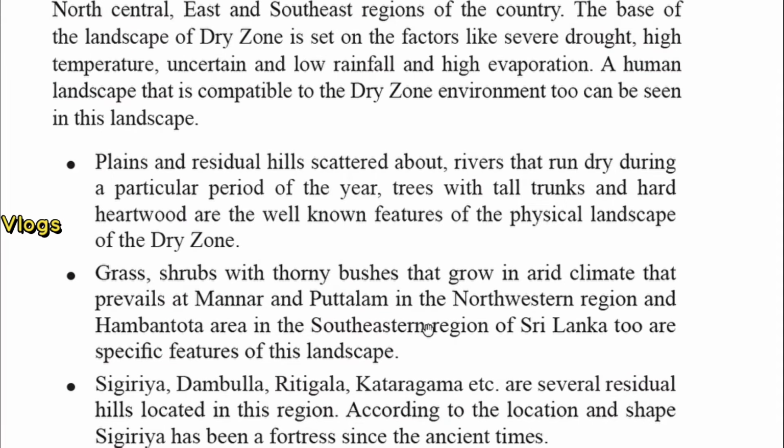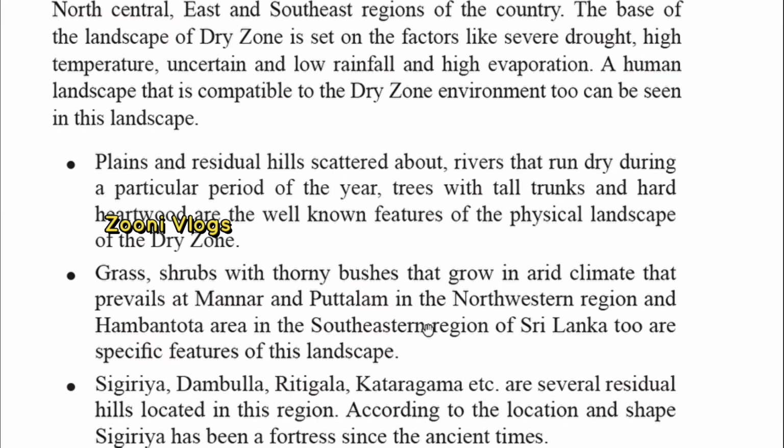If you observe the trees in the hilly region and compare them with the dry zone, we can see huge differences between them, because of the shape of the leaves and the trunk also. So each and everything differs from the other. Grass, shrubs with thorny bushes are the specific features in the dry zone.